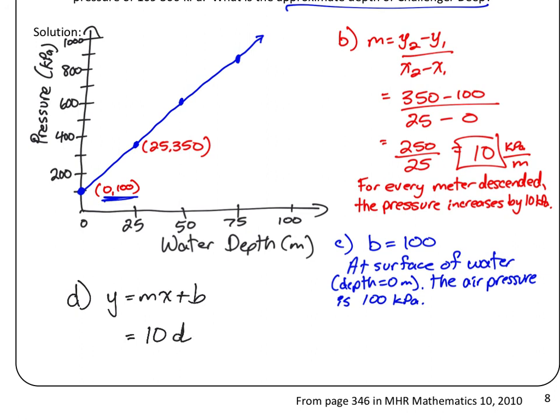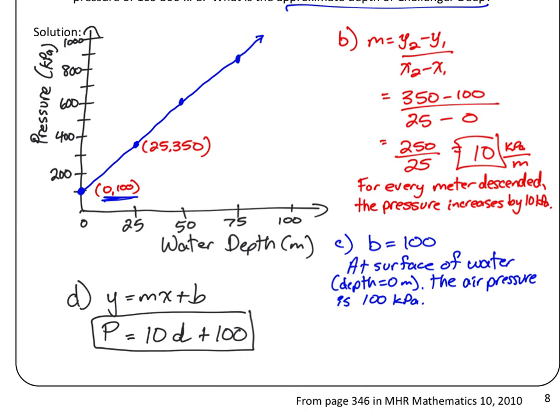So 10 times d, and then plus the b value, or the y-intercept, which was 100, and that's equal to the pressure, which is P in kilopascals. So that's just plugging in the variables that they want us to use to represent the situation and the parameters that we found using our graph.